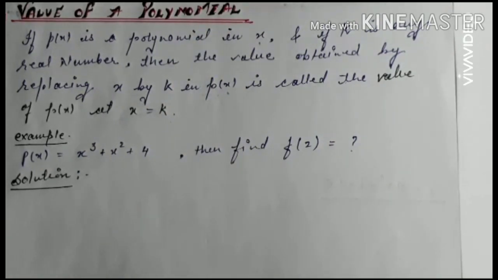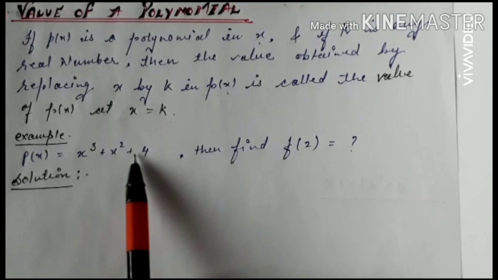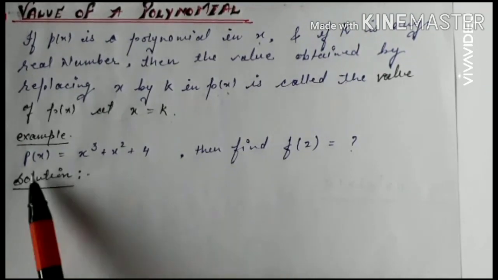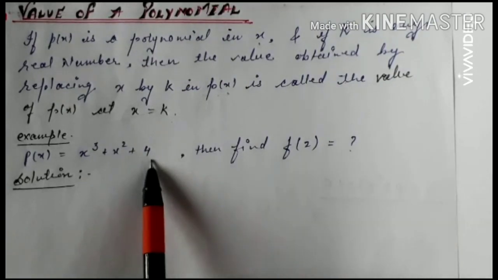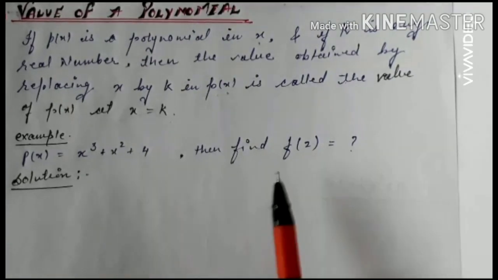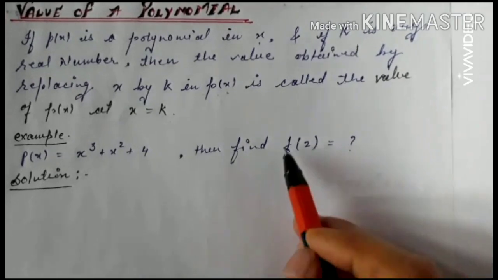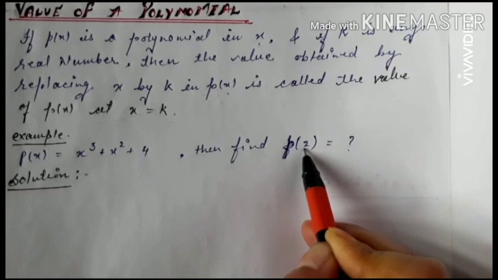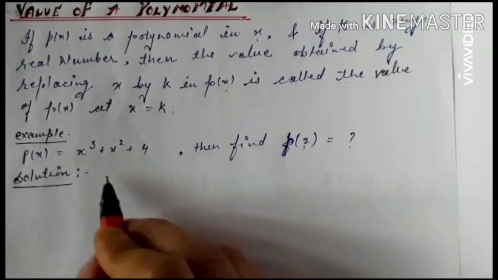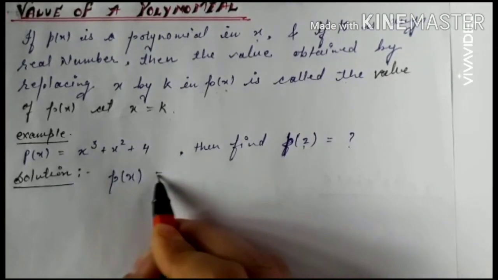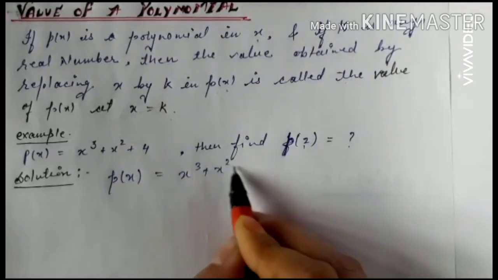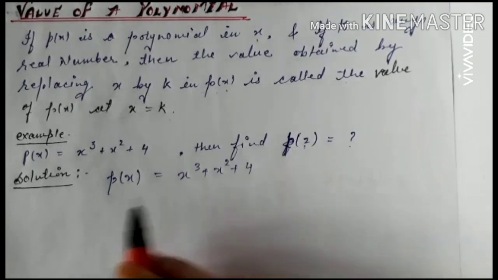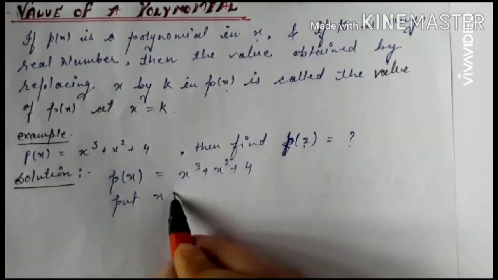What is the value of a polynomial? You are given the polynomial p(x) equal to x cube plus x square plus 4. This is a polynomial in the x variable. You have to find p(2), that means the value of the polynomial at 2. So put x equal to 2 here.